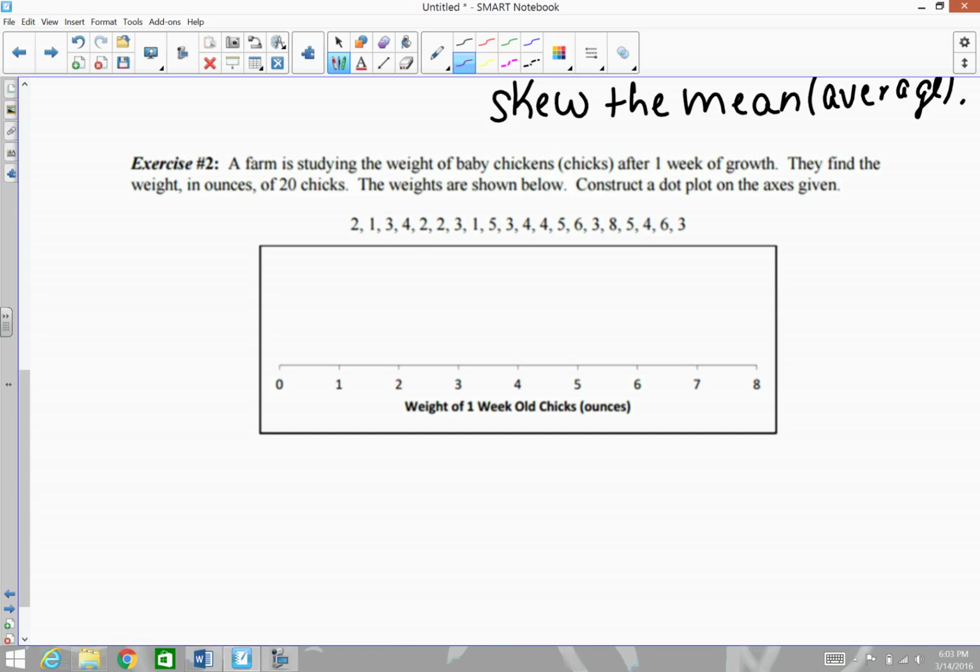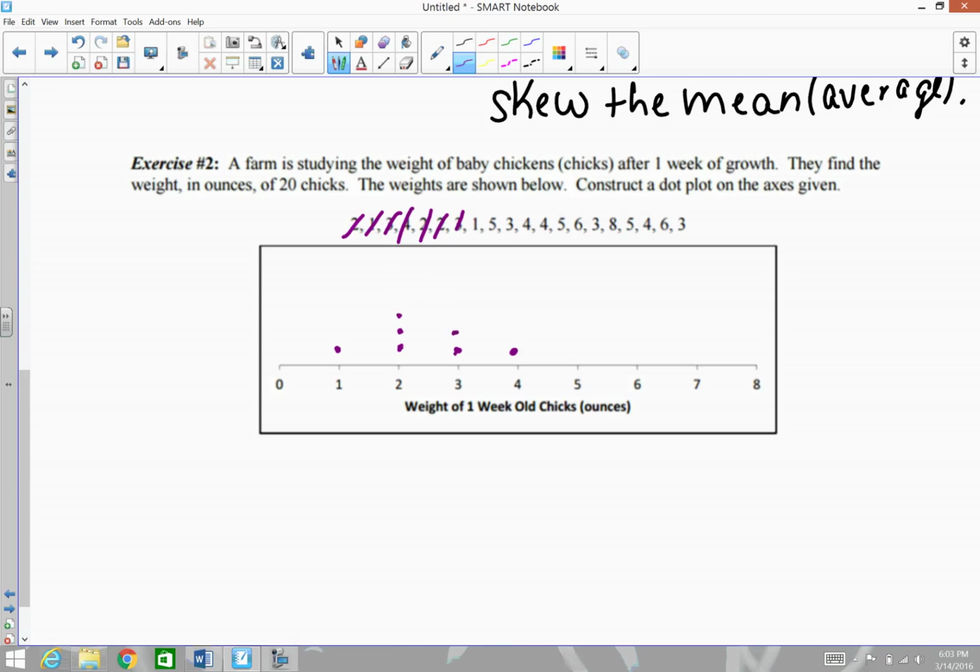Okay, now that you've tried this, let's see how you did. Hopefully, as you went through, you could have either made a frequency table, or you could have just crossed them off as you went. Something like this. There's a 2, put a dot above the 2. There's a 1, a 3, a 4, and you could have kept going. There's 2 more 2s, right? We just stack them.